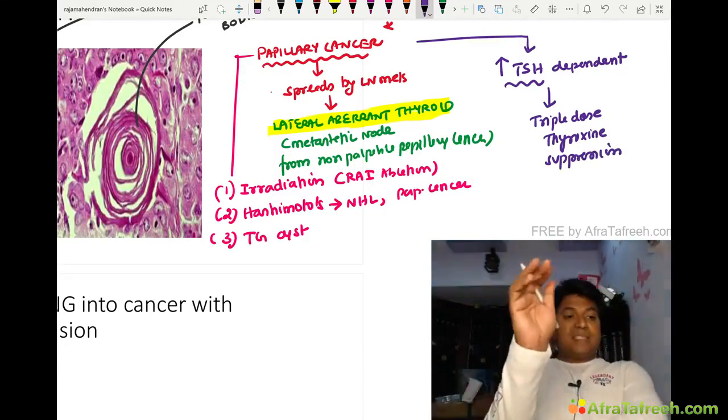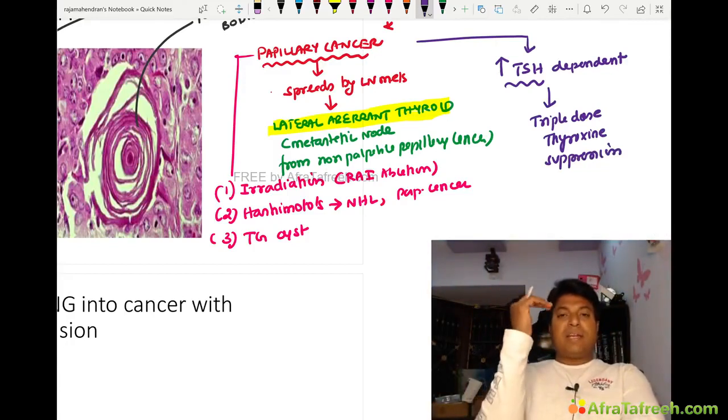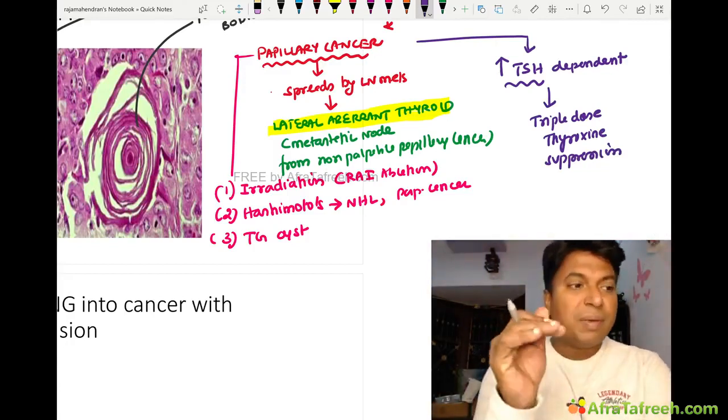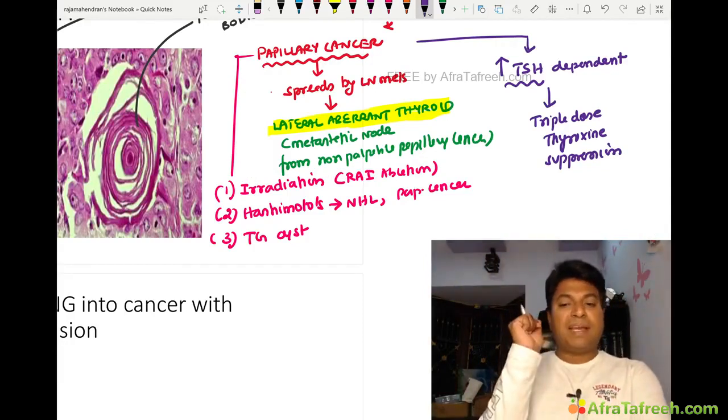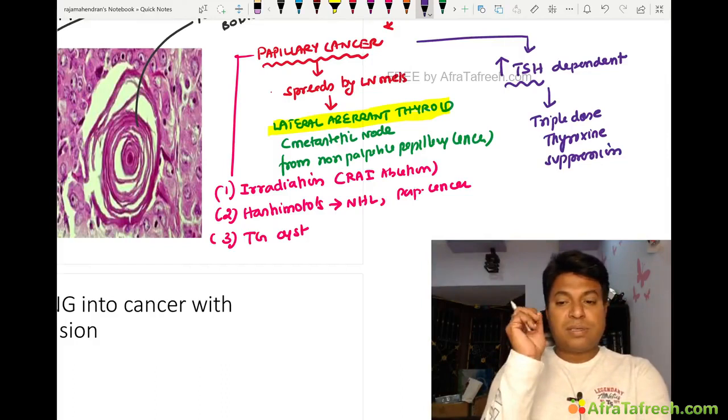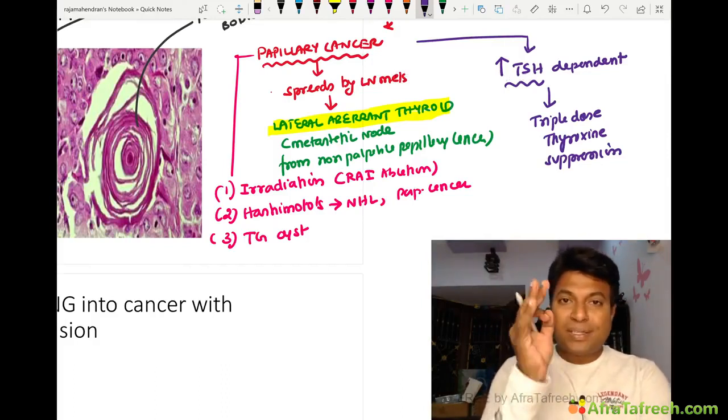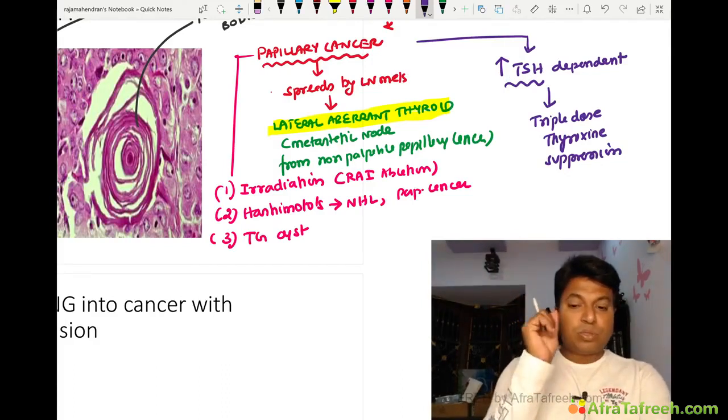So all papillary cancer patients who are operated, we will be giving triple dose thyroxine to suppress the cancer from happening again, like 0.3 milligram we used to give. Okay.